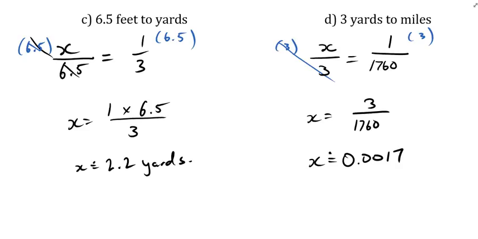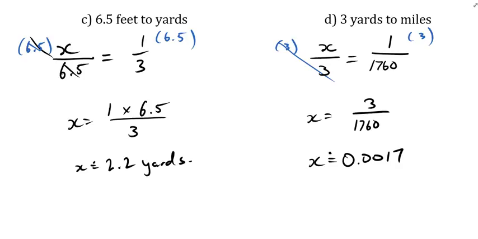Well, it's just showing that miles is greater than yards. Yep. So 3 yards is about how long? Like from the edge of this desk to the edge of that desk. Is that even close to 1 mile? No, miles are long. So it's 0.0017 of a mile. It's a tiny, tiny, tiny little bit of a mile. That makes sense, right?